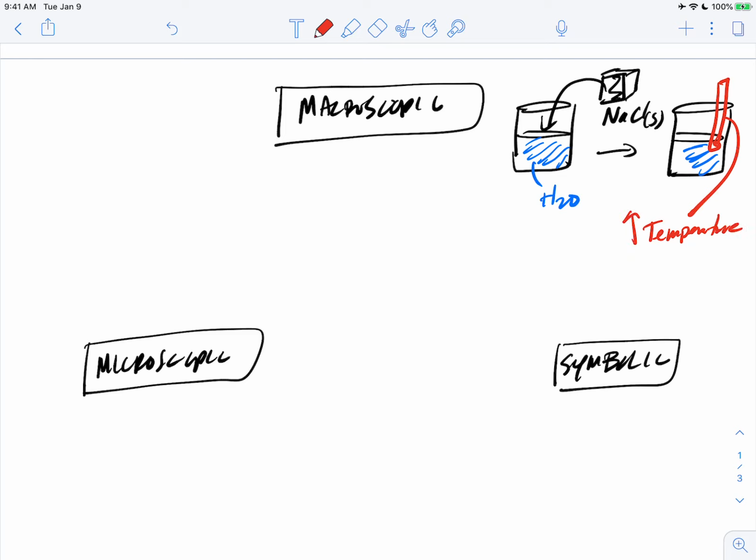The temperature of the mercury is rising, or colored alcohol nowadays. So we can say there was a change, even though the NaCl seemed to disappear. We can see that the beaker got warmer. The water in the beaker got warmer. We can measure that with the thermometer. Something definitely happened. We don't know what. We don't know why.